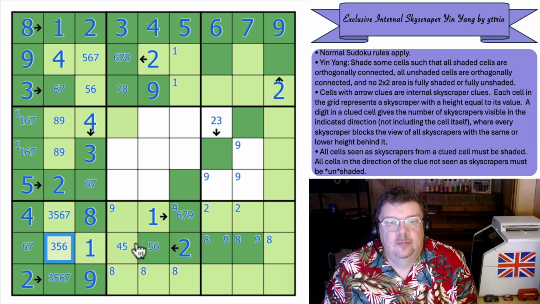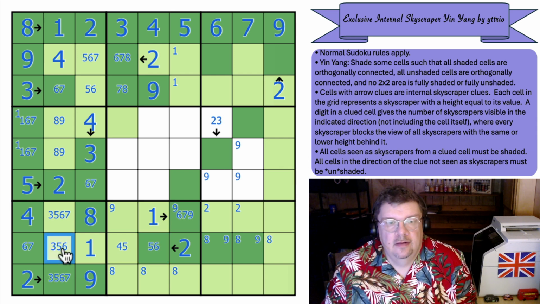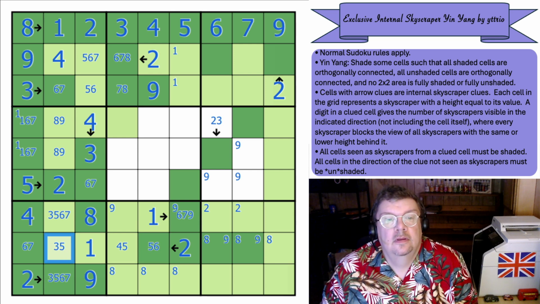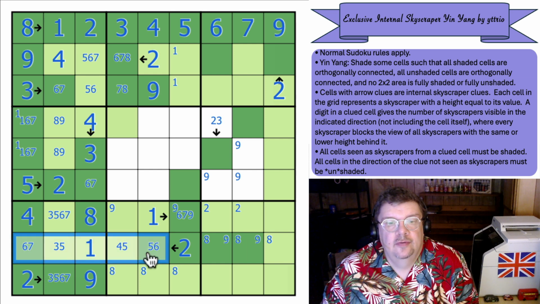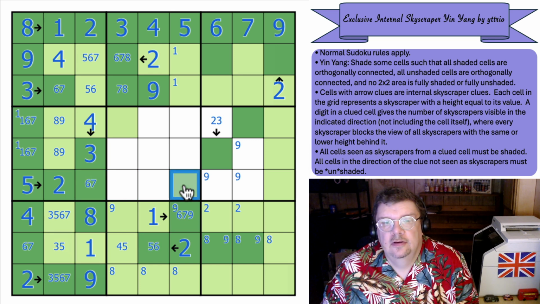This cell has to be smaller than this, so that can't be a 6. Little by little we make progress. We do not quite have a quadruple there. Right. 6, 7, 8, 9.